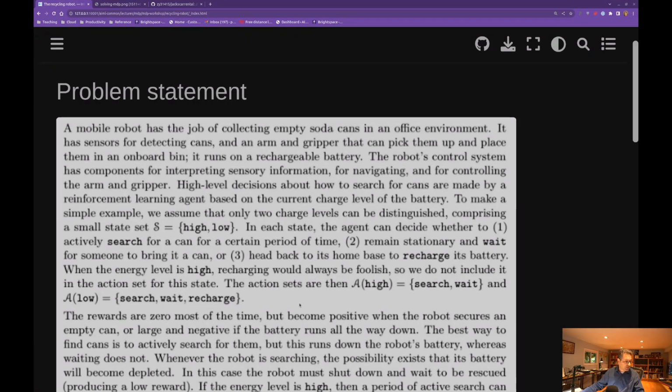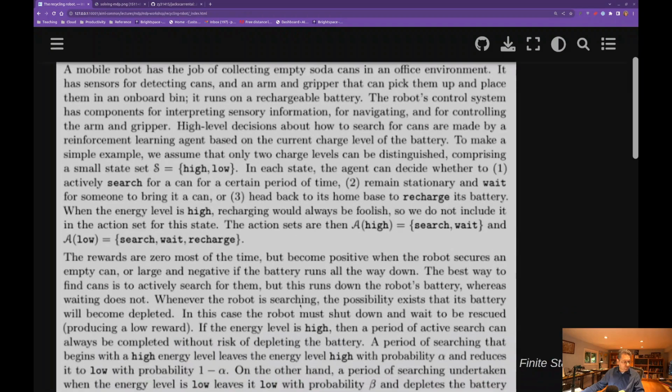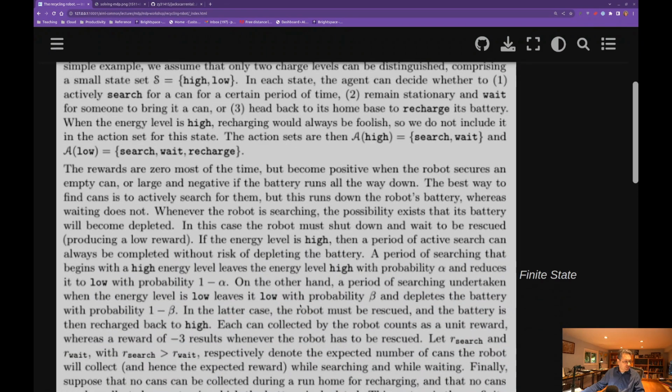Evidently this is a more complicated example where we have some other parameters. The robot is searching around, and this results in the battery being gradually depleted. We provide a probability for the battery to go into a depleted state and therefore change the state.